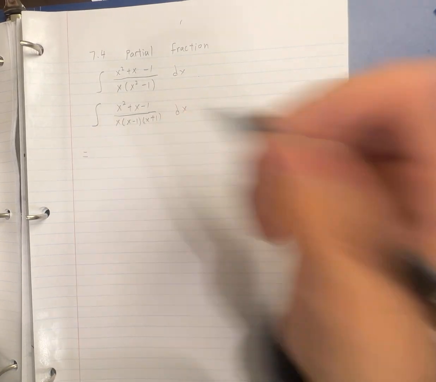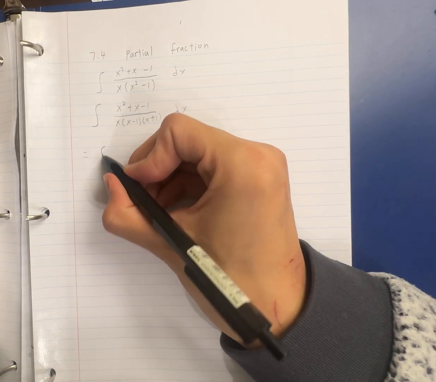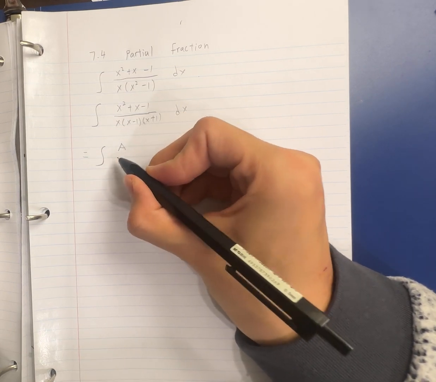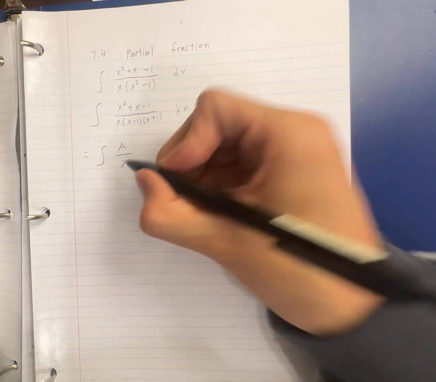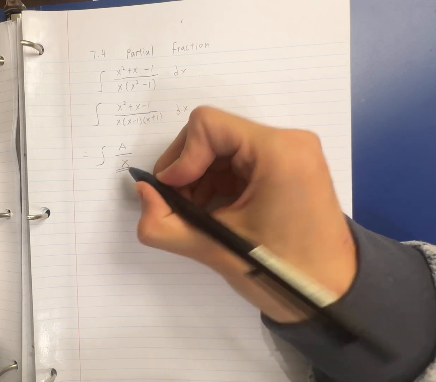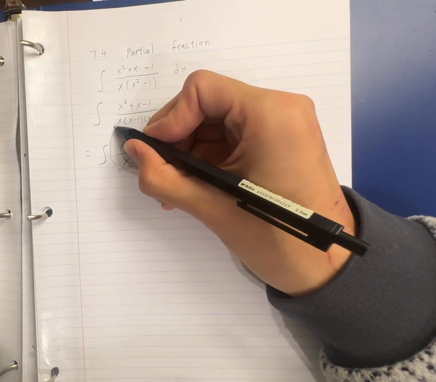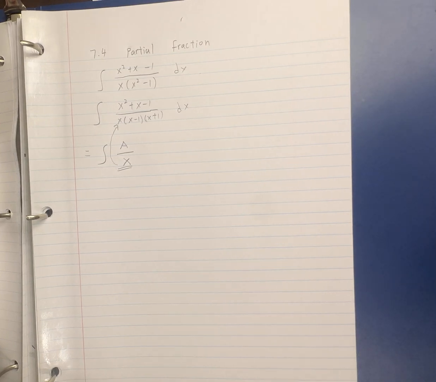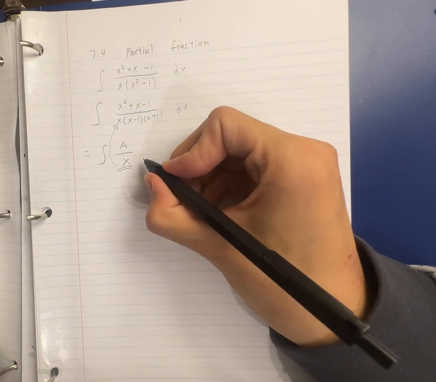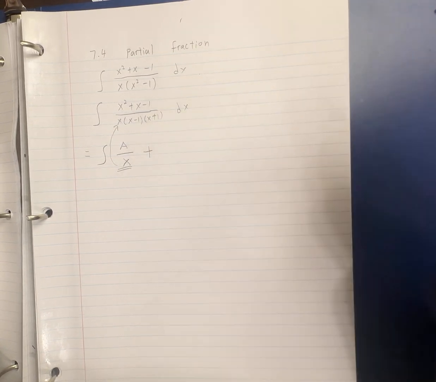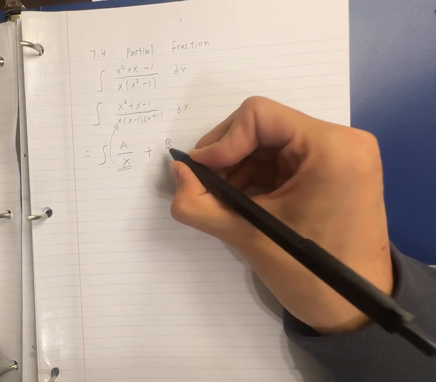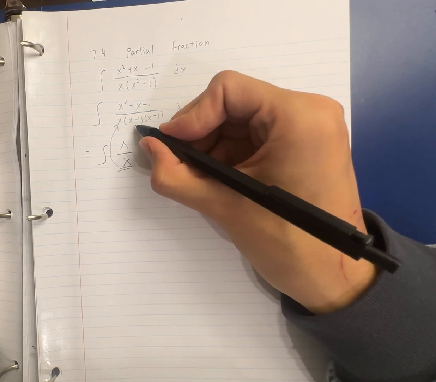For the next step, we'll have to use A over x. This x over here comes from the x over here. See that? So next one, if we use B, it comes over here.